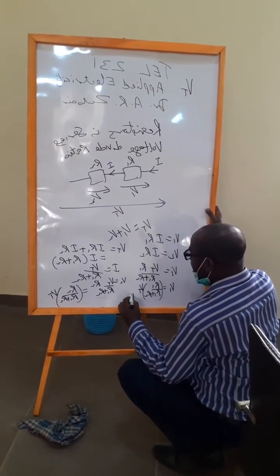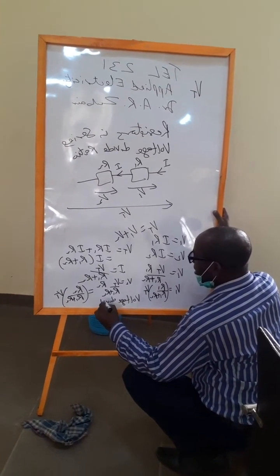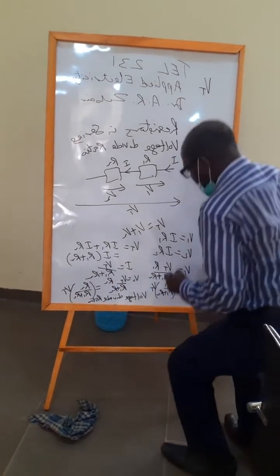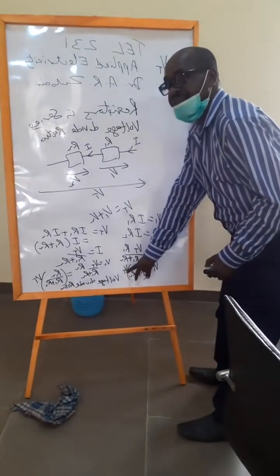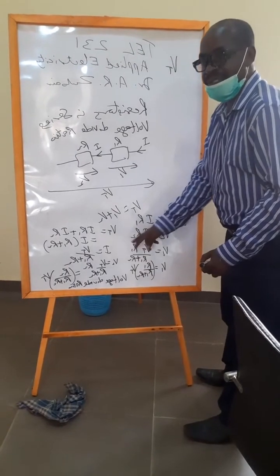These are referred to as voltage divide ratio. What does that mean? We want V1, total voltage is Vt. V1 will take part of Vt, V2 will take part of Vt.